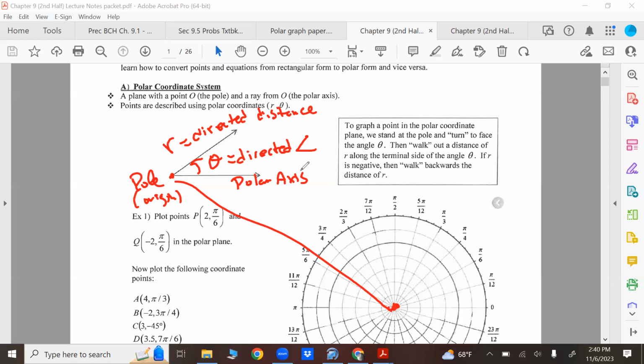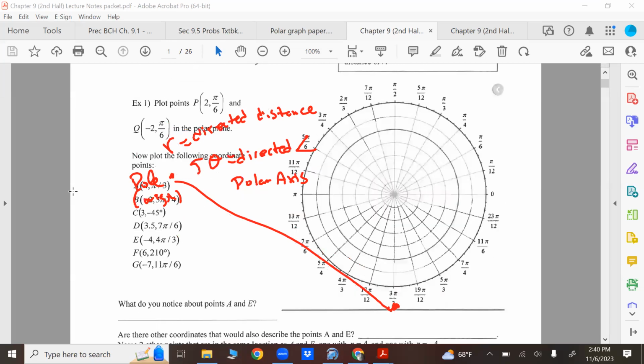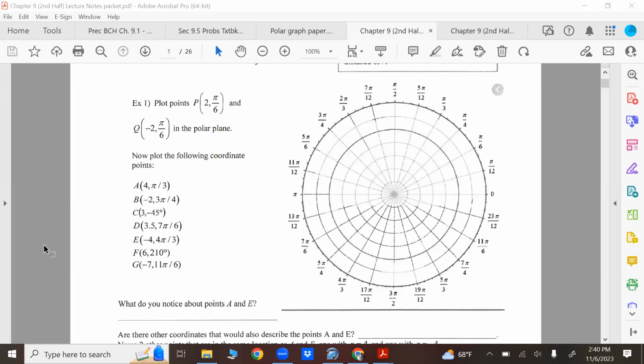For point P, it's 2, pi over 6. How do you plot this? It's going to be really, really easy. Pi over 6 is right over here. If you're standing at the middle, you turn your body towards pi over 6, face it, and walk to radius 2. Then you're right there.